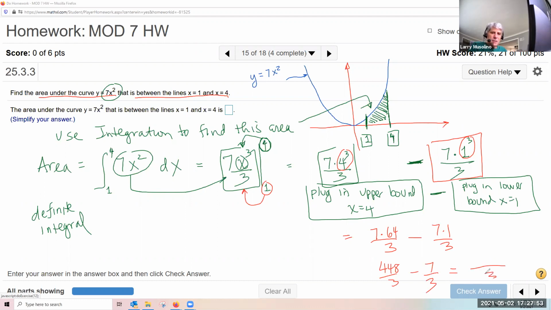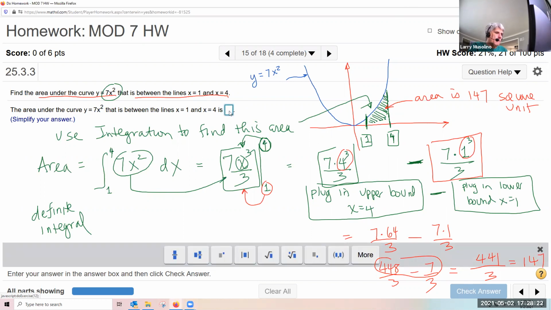You keep the common denominator, subtract the numbers on top, 441. So I think my answer is 441 over 3. If I divide this, I get 147. So this area, this green area we just found, is 147 square units. Could be square feet, square inches, whatever I'm measuring. So this answer here was 147.